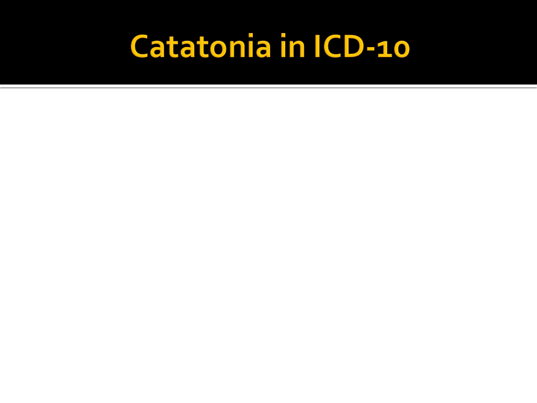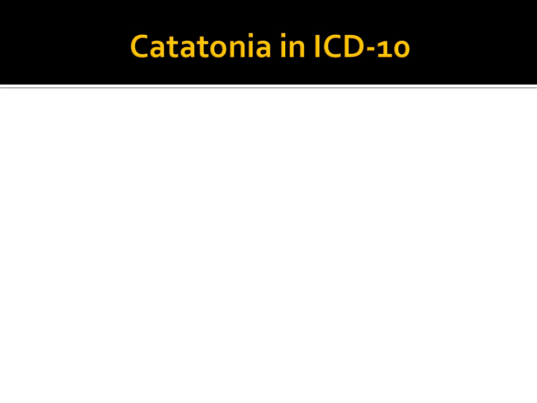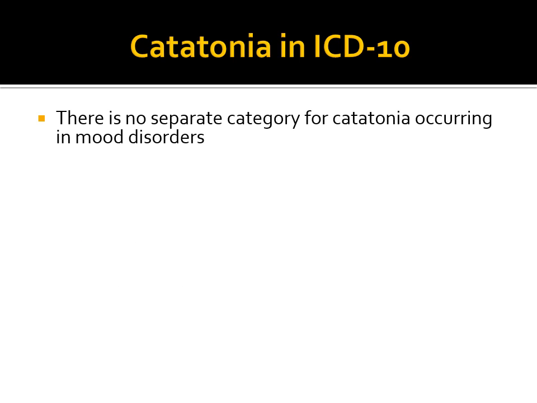So we'll now move on to how catatonia is presented in the psychiatric classification systems, namely ICD-10 and DSM-5. In ICD-10, there is a subtype of schizophrenia called catatonic schizophrenia, and I have included the criteria on the slide. In mood disorders in ICD-10, there is no separate category for catatonia.